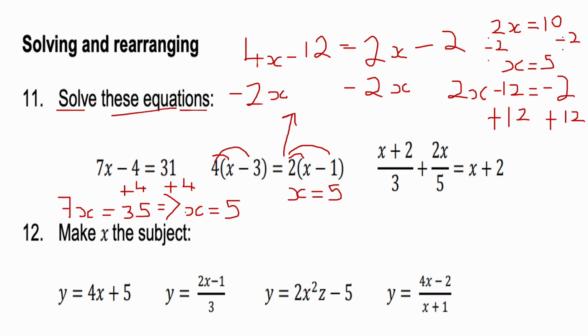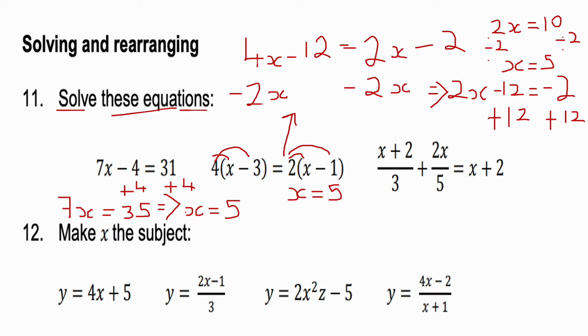I had to expand the brackets first, bring all of my x's to one side, and then solve the equation by balancing, by doing the inverse operation once I get to this step here. So adding 12 to both sides and then dividing by 2. Hopefully it makes sense so far.